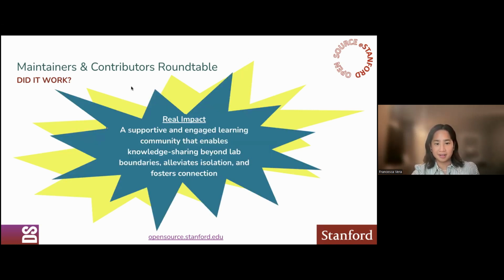And where we are now, we believe the MNCR has allowed us to create this supportive and engaged learning community that enables knowledge sharing beyond the lab boundary, alleviates the isolation that many maintainers may feel, particularly of small or very specialized packages, and a platform for them to foster connection.